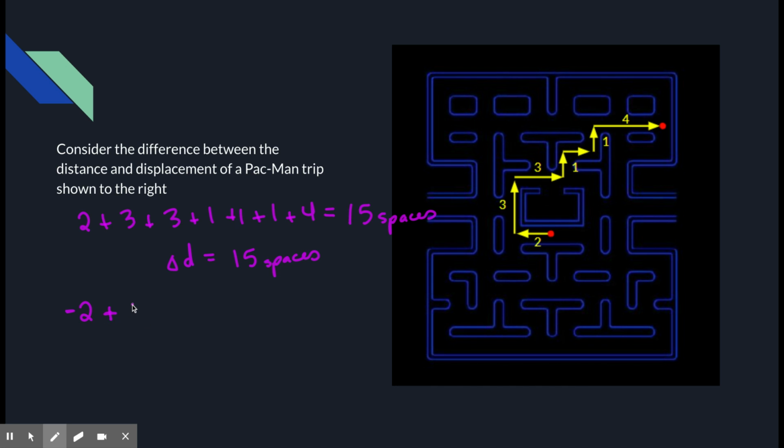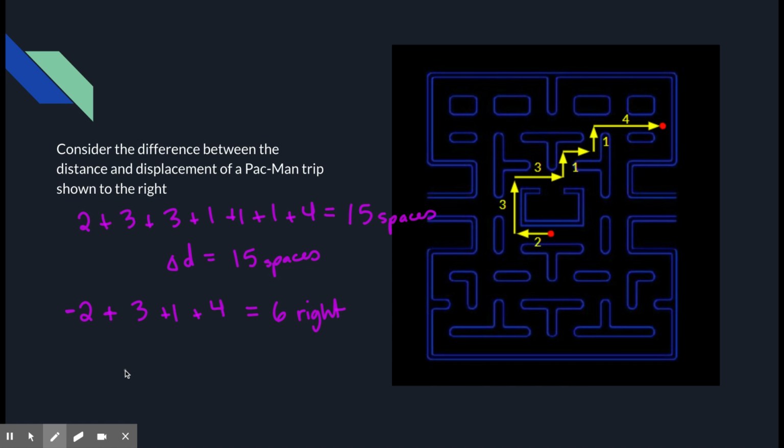Then 3 to the right, so positive 3. I'm going to look at just the lefts and rights for now. Then they went 1 to the right, and then 4 to the right. So negative 2 plus 3 is positive 1, and they've gone 6 right.